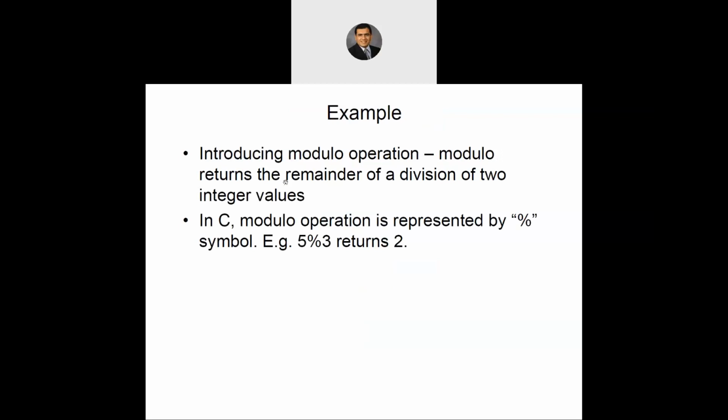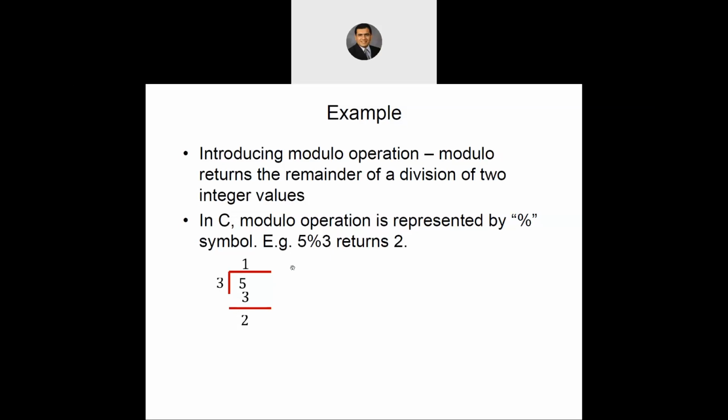We use the modulo operator. The modulo operator shows us the remainder of a division. For example, 5 modulo 3. What does it mean? That means divide 5 by 3. 3 times 1 is 3. Remainder is 2. So 5 modulo 3 is 2.